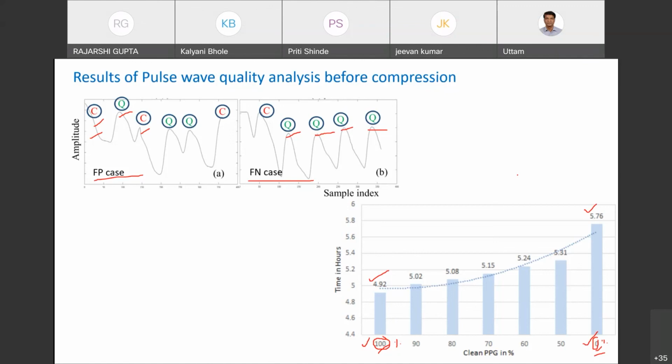Like this one, we used a 2200 milliampere hour lithium ion battery. So you can see the longevity of the battery when we have 100% corruption and 100% clean data. So these are the intermediate values like 90%, 80% and all these things. So there comes the utility of signal quality assessment in continuous measurement applications. Okay.